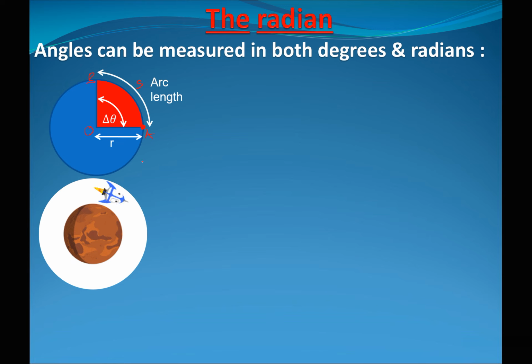So remember, the particle has mass m, and it is covering a distance which we are going to call s. That is the curvilinear distance. Let's say it takes a time t to cover that distance.